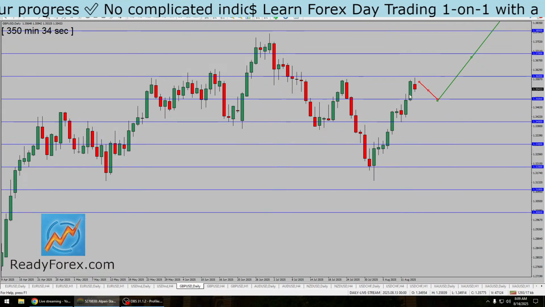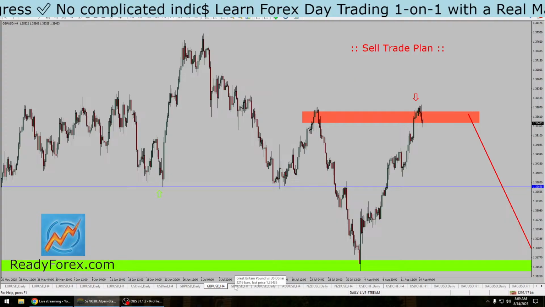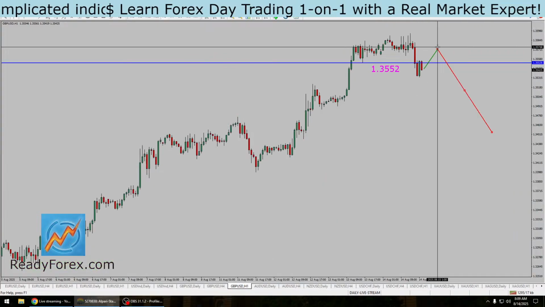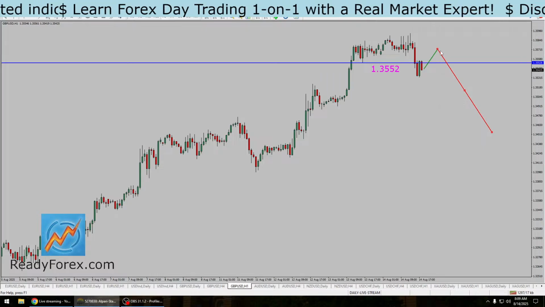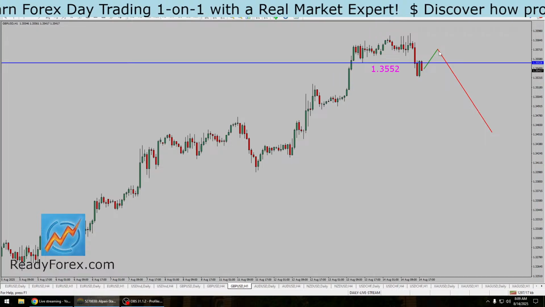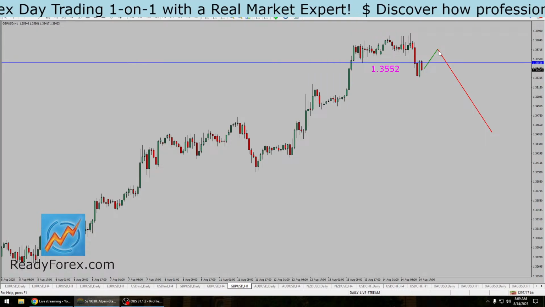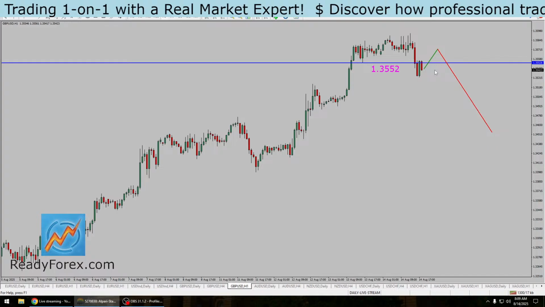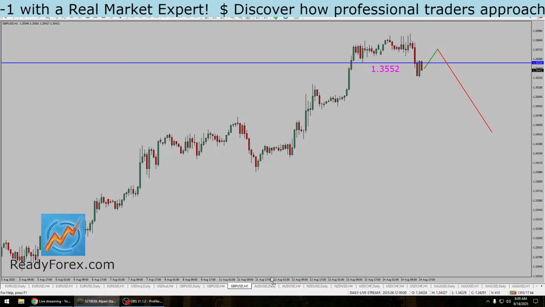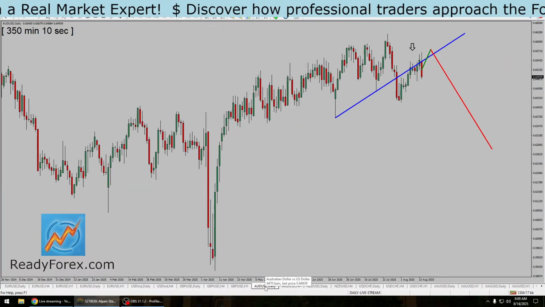So on a short-term basis, I think price action is going to rise a little bit, and then use your own day trading strategies. If you do not have a trading strategy, check out my website. I also teach different forex day trading strategies online. So my plan is to look for a possible sell trade inside the GBP currency pair. I hope it's clear.